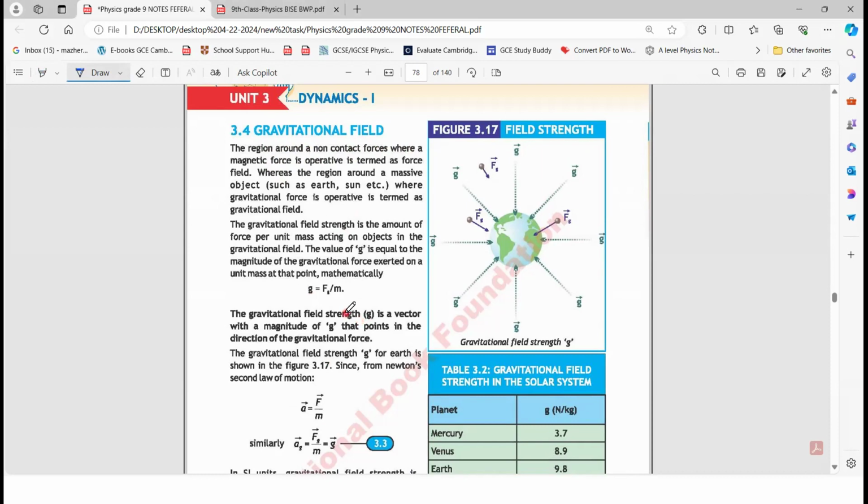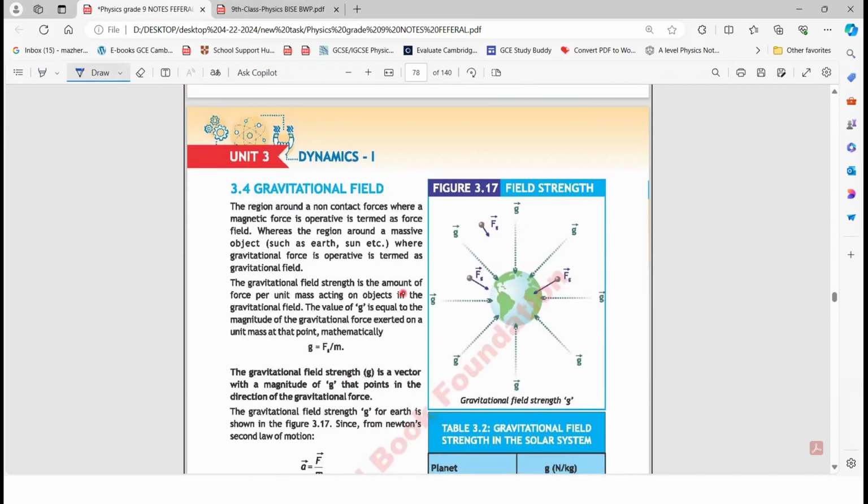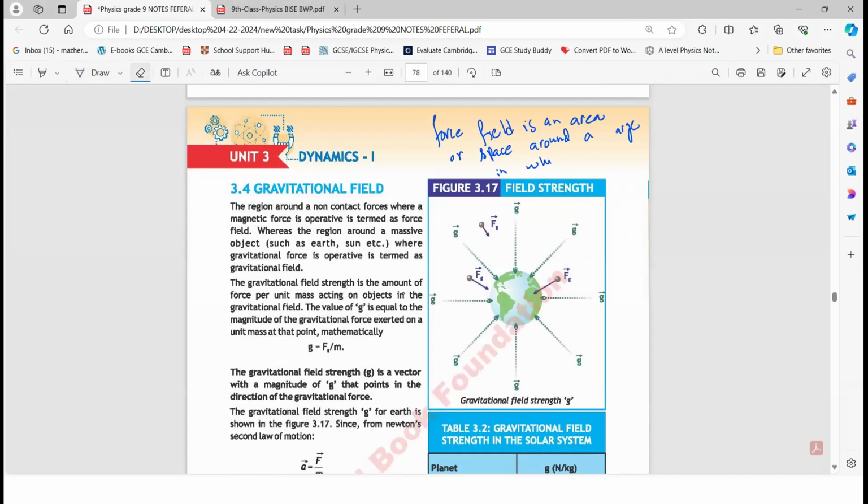Okay? If we talk about the general definition of force field, force field is defined as an area or space around a charge, in which, not charge, object.